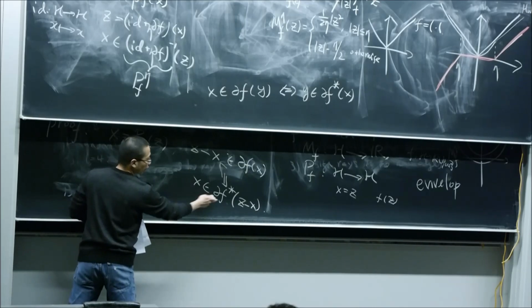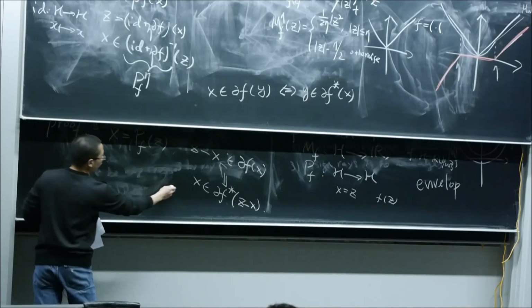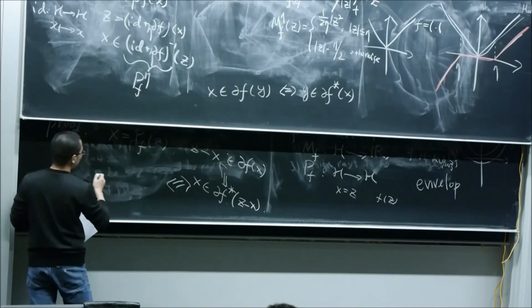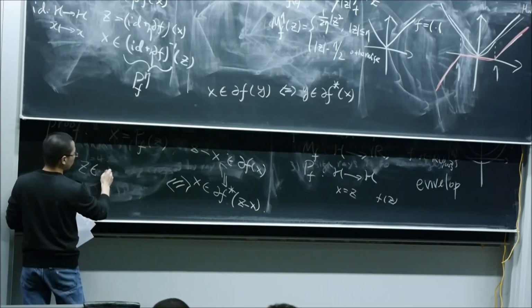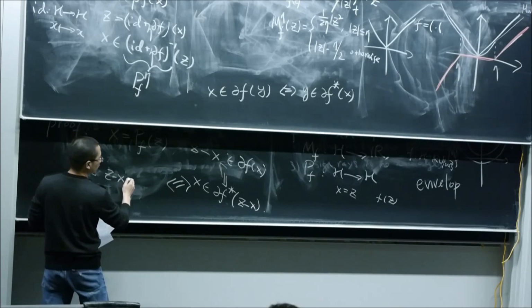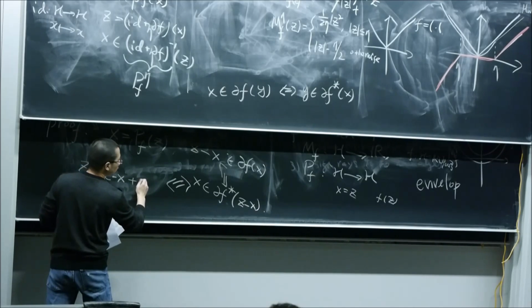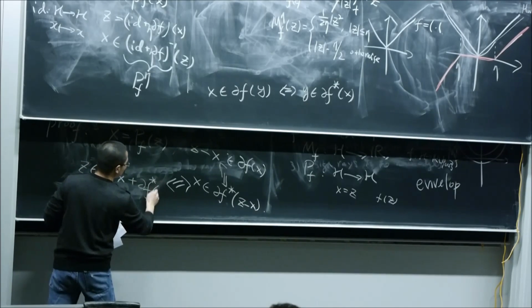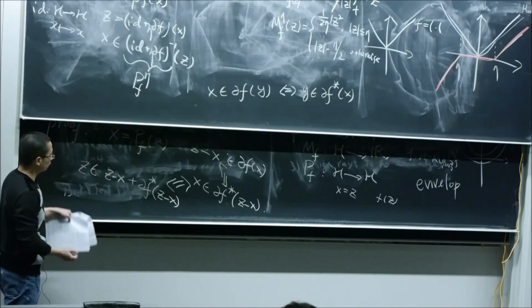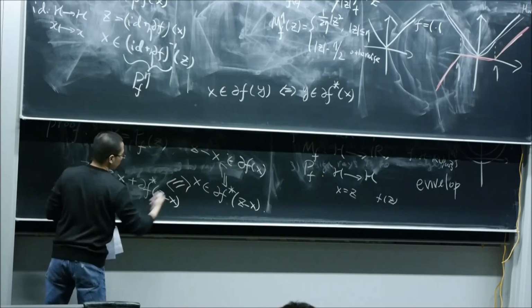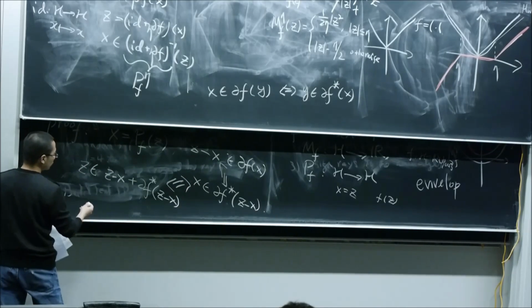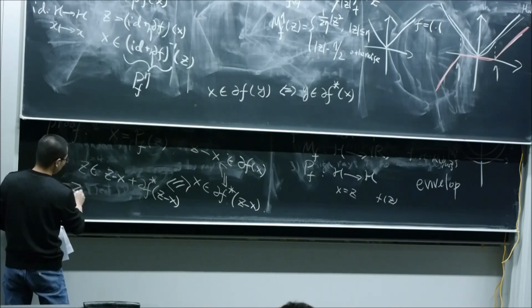You just move x to the right-hand side, and you get z belongs to z minus x plus x. Okay? Well, nothing fancy. They will cancel, and if you move to here, you get that.